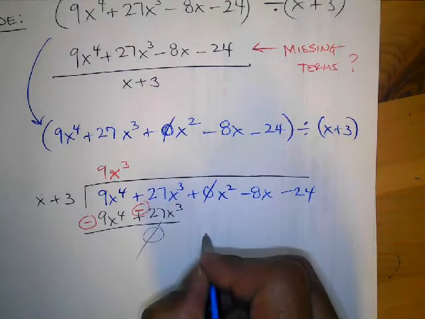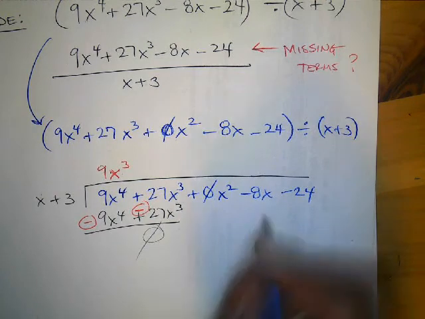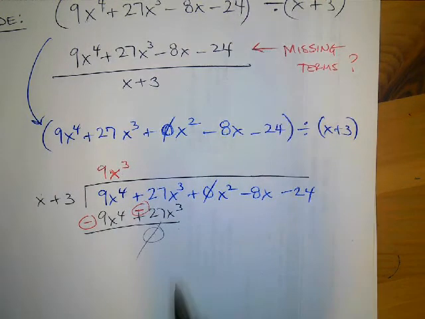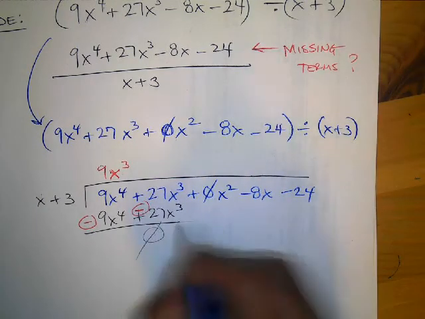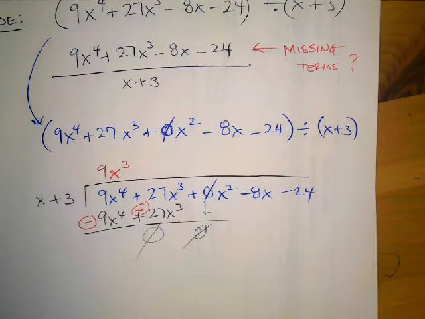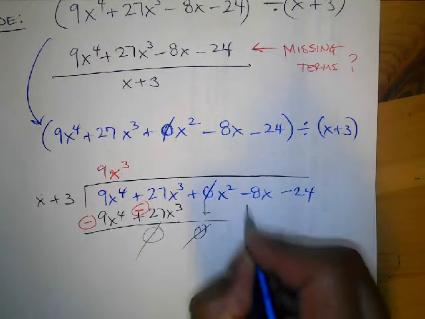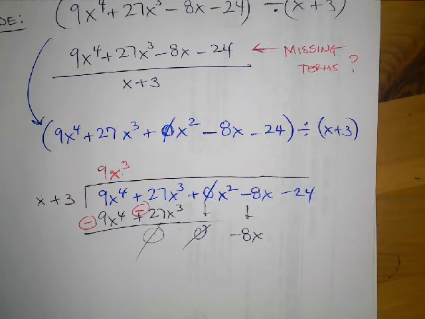Usually there is something left over here, but oh well. Then I got no x squared term. So yeah, this one doesn't work out the way I wanted it to work out. Usually you'd have something here that's left over. Okay, well, I'll just finish this one. Since there's nothing here to drop, or it's like it doesn't have an x squared, then you just go to the next one, and the only one that drops is negative 8x.